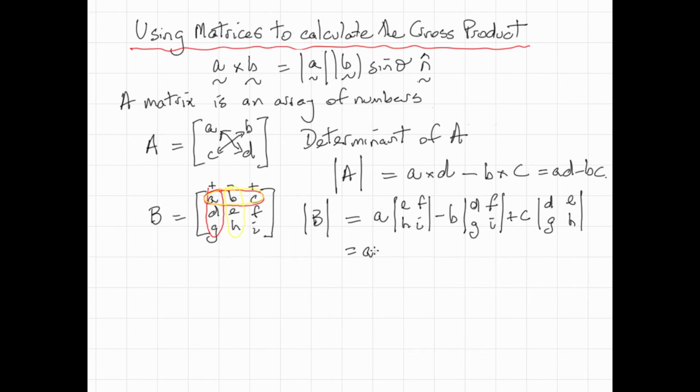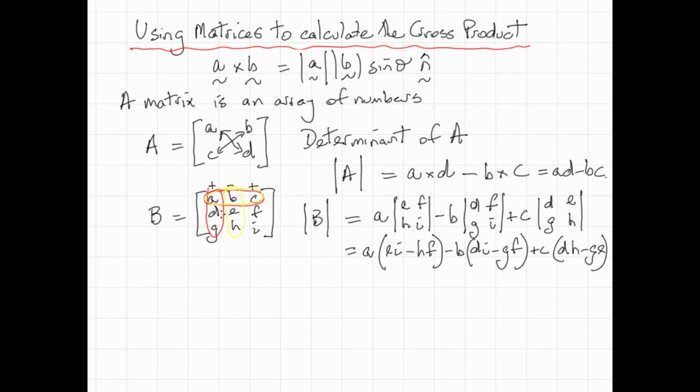And we can then do our next line of calculation. So A, the determinant of this matrix, it's a 2 by 2, so we use the same rule as up here. Leading diagonal EI minus HF, minus B, DI minus GF, plus C, DH minus GE.